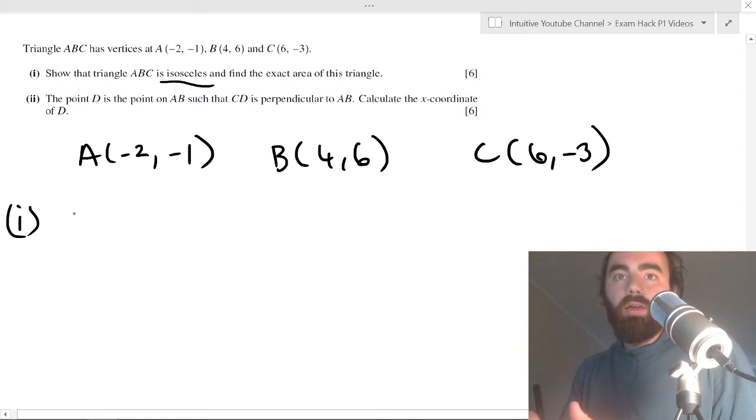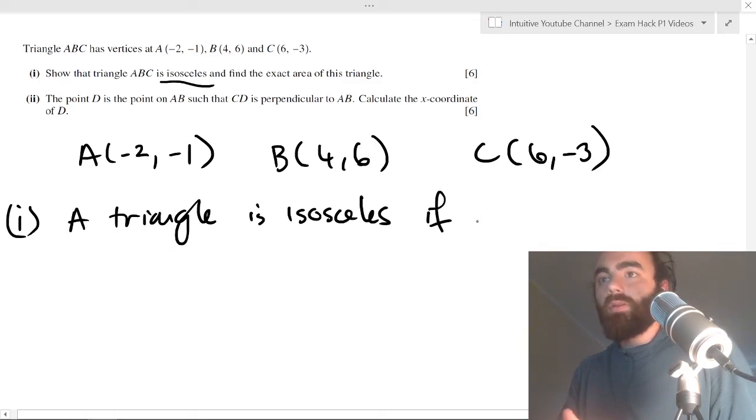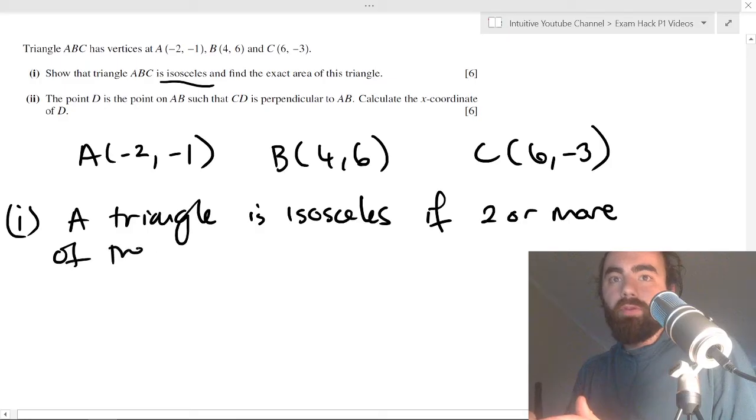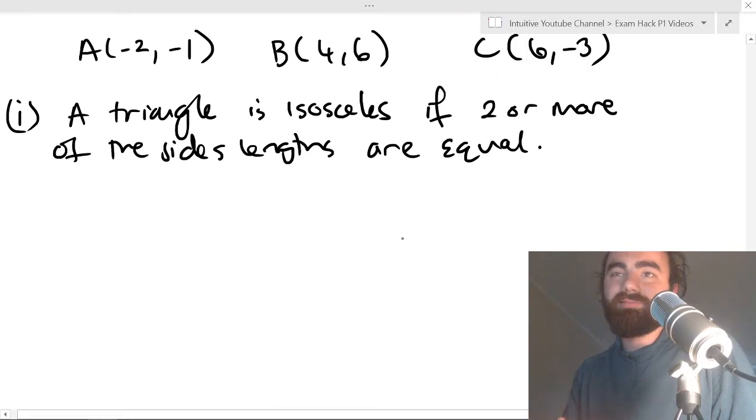Well, a triangle is isosceles if 2 or more of the side lengths are equal. Look how terrible the handwriting is. You know what I mean though.